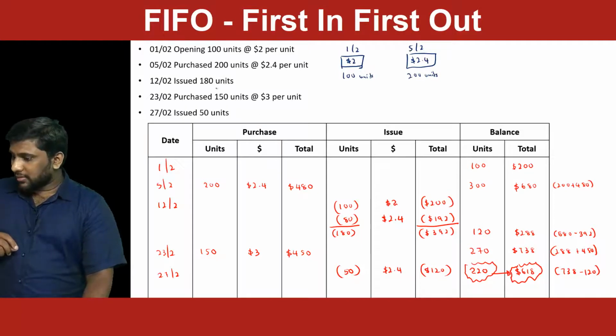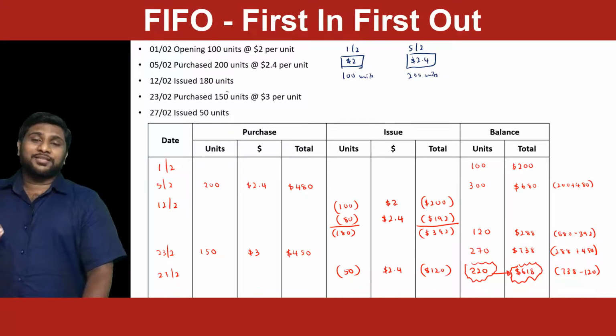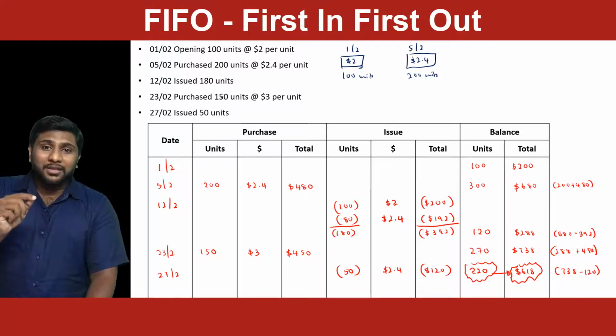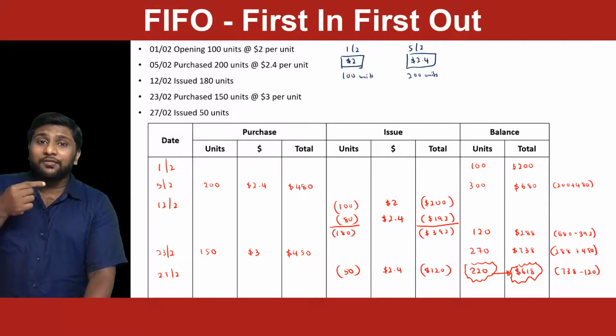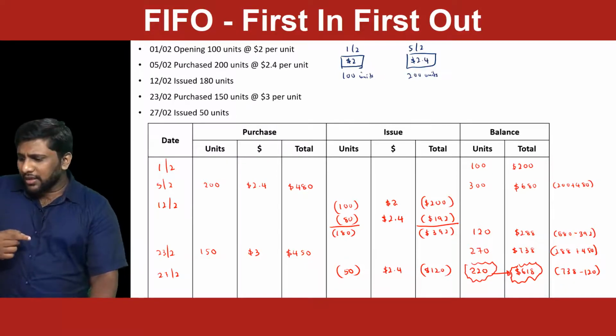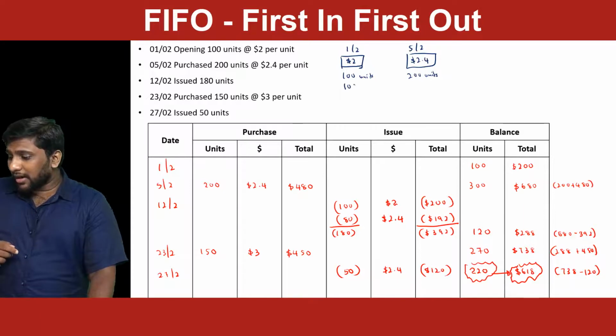Now next, 12th February, you are issuing 180 units. I said under FIFO method, when you are making an issuance, you have to issue whatever the materials that you receive first. So out of these two, what's the material that you receive first? Obviously $2 worth materials. So you have to issue 180, but you don't have 180.